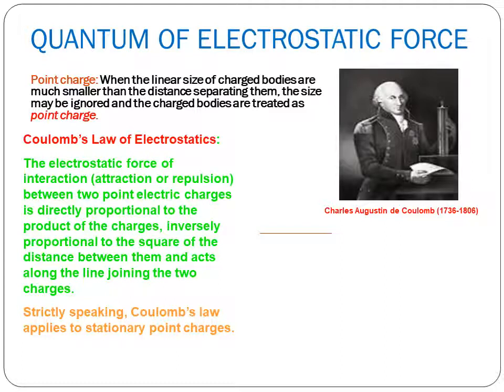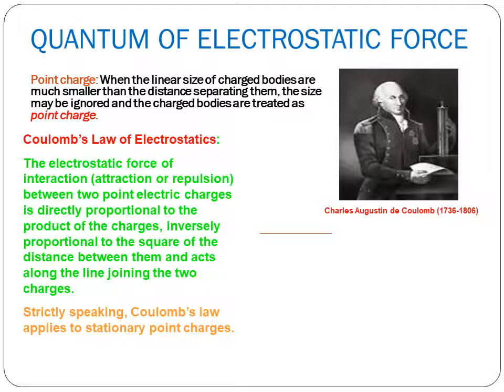According to Coulomb's law, the electrostatic force of attraction or repulsion between two-point electric charges is directly proportional to the product of charges, inversely proportional to the square of distance between them, and acts along the line joining the two charges.